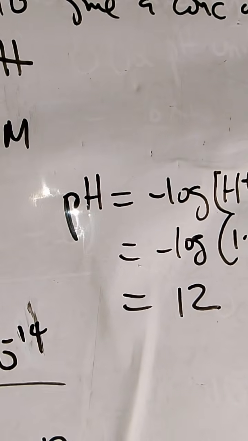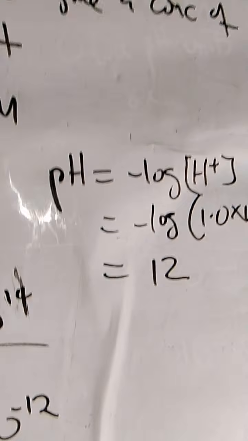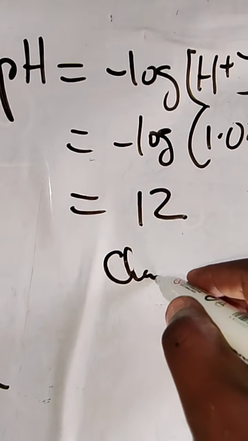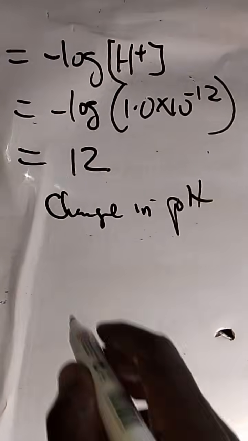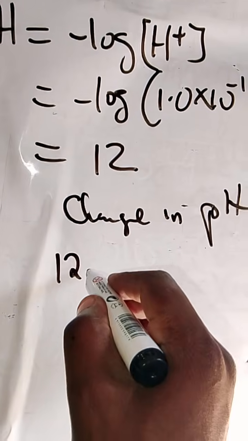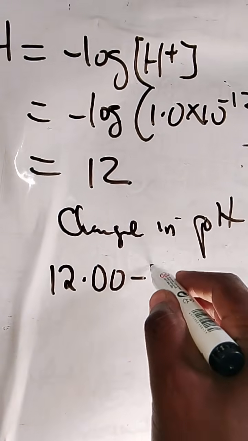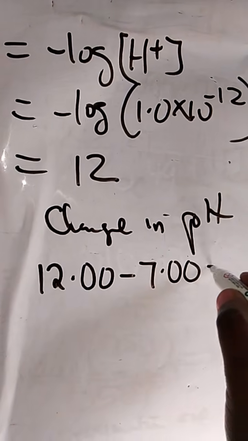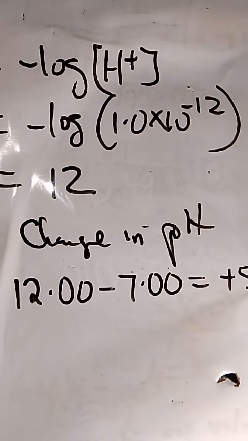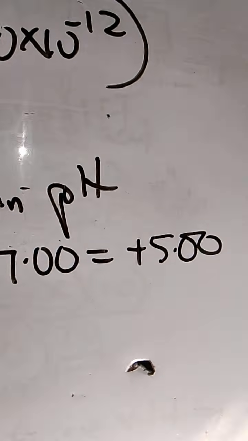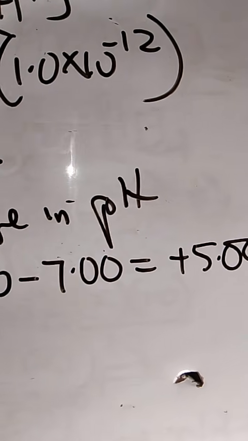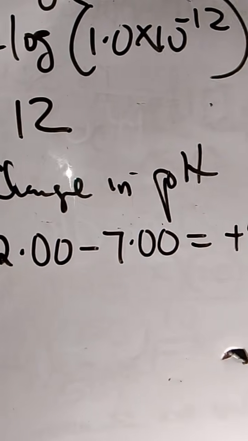Now let's calculate the change in pH. The change in pH will be 12.00 minus the pH of pure water, which is 7, which will give us positive 5 pH units.